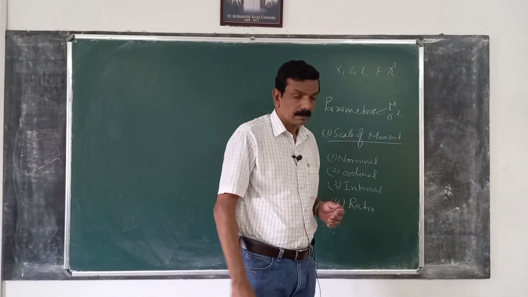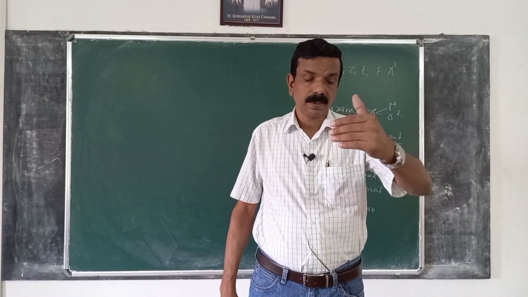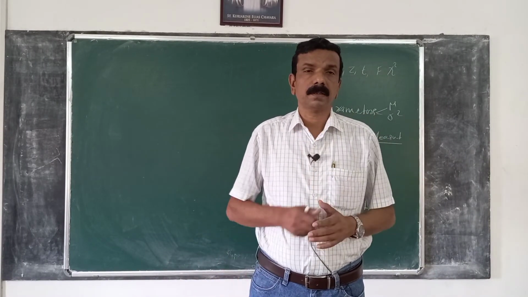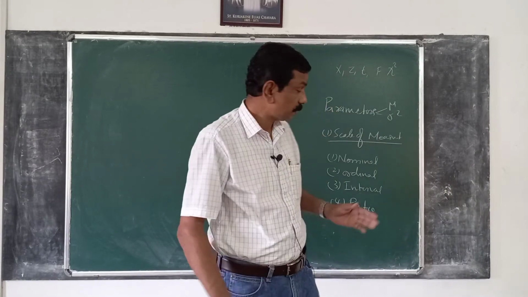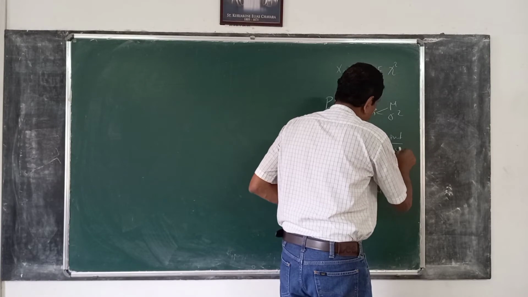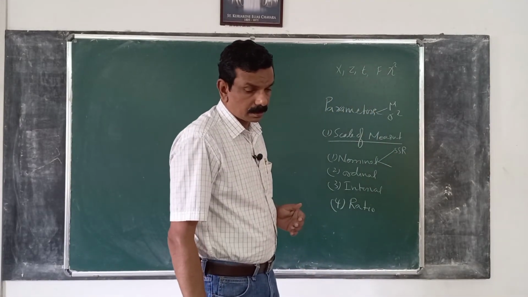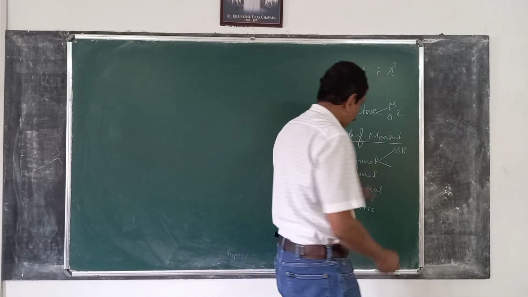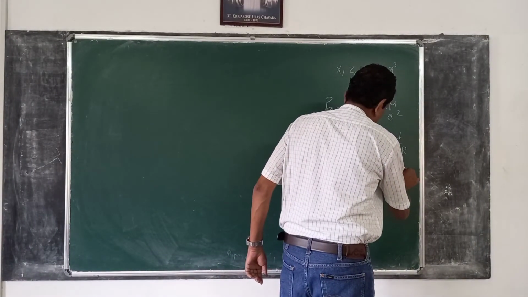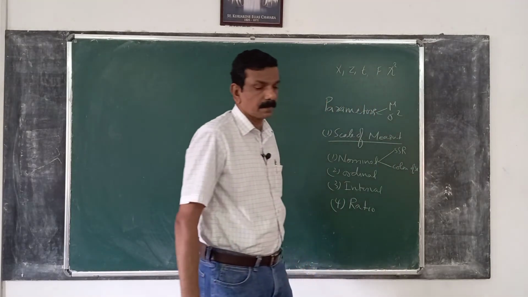For example, nominal scale variables are numeric or non-numeric. Numeric, for example, social security number, a numeric nominal scale variable, and non-numeric, color of skin like white, black, etc.